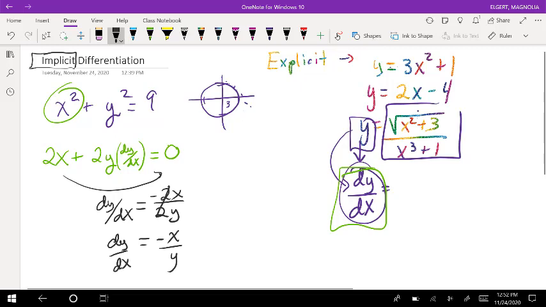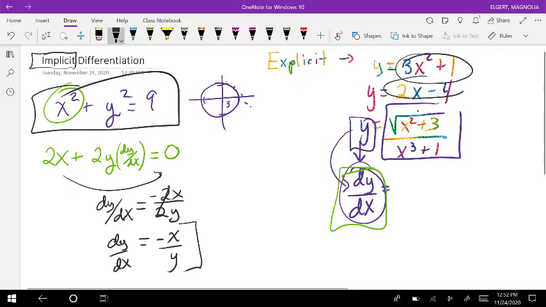So when I start with an implicit equation, my derivative is also implicit. When we took the derivatives before, everything was just in terms of x. So we'd have dy over dx equals 6x plus 2 or whatever. So now your derivative function is going to be in terms of both x and y because you're starting with an implicit function, something that's not solved for y.